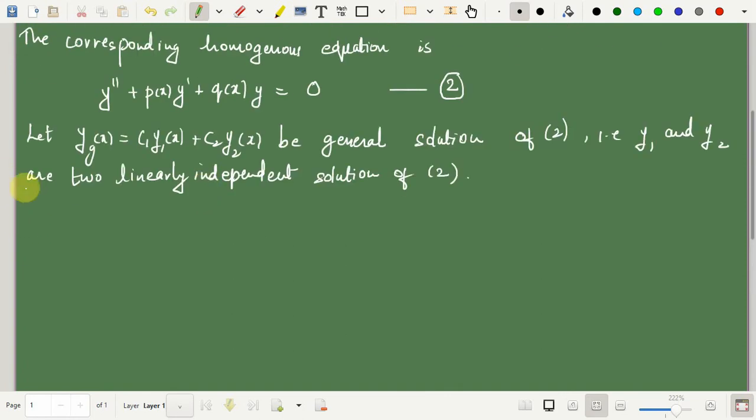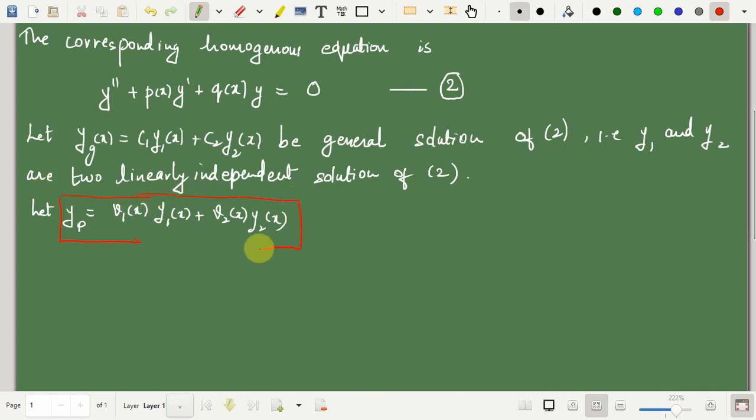Let yp be equal to v1 of x into y1 of x plus v2 of x into y2 of x. So this is the idea. I would put this in a box so that we remember that this is how we started with the method.